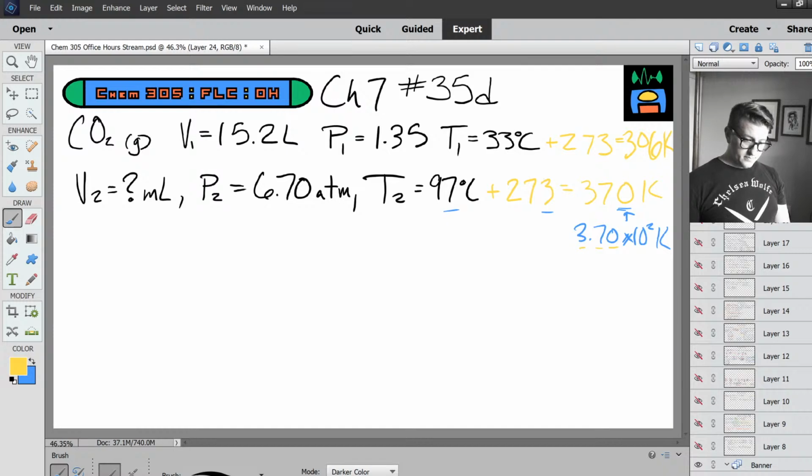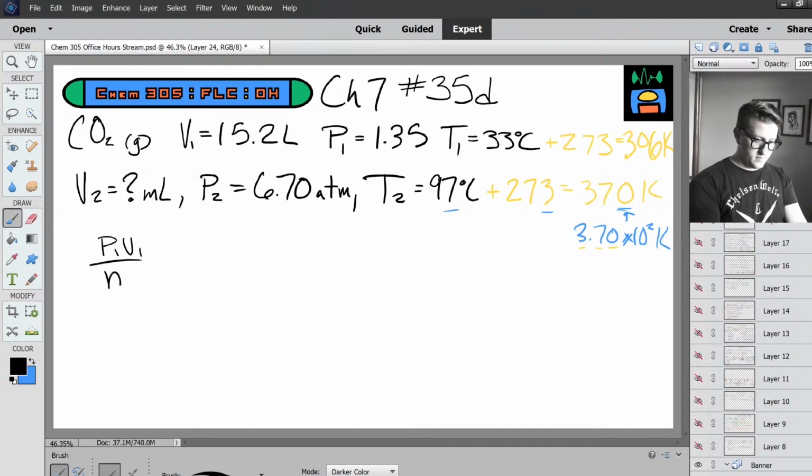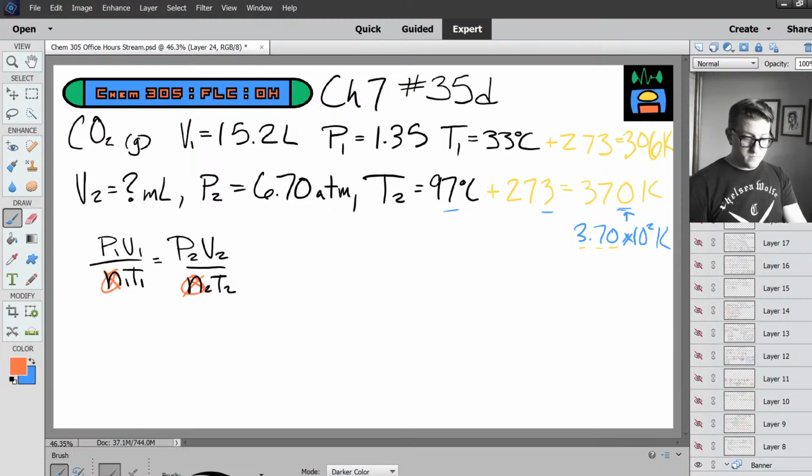Okay. We're doing combined gas law. So let's write that out. Moles weren't mentioned, so they cancel for this problem. And now we need to find our final volume.